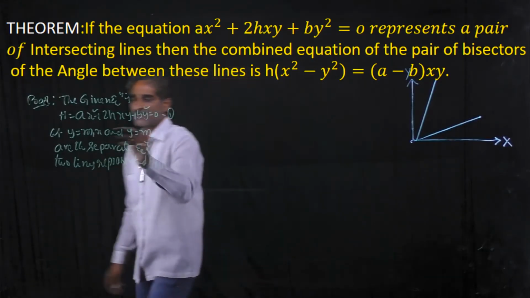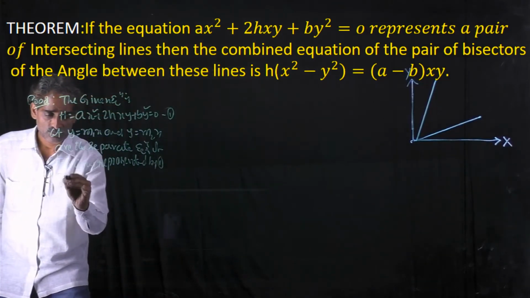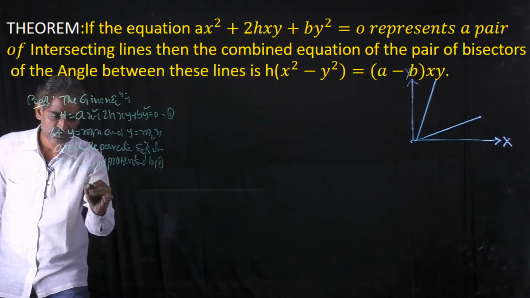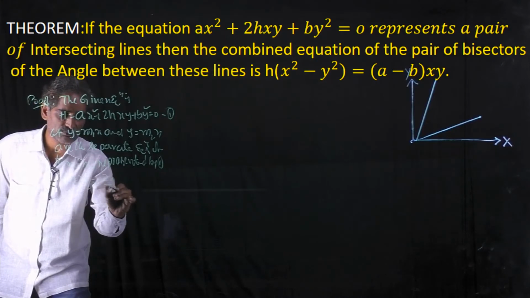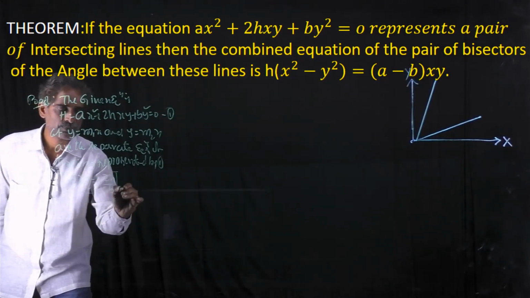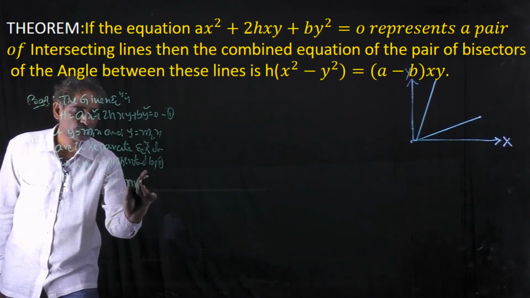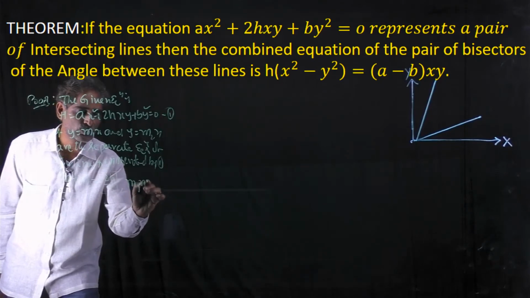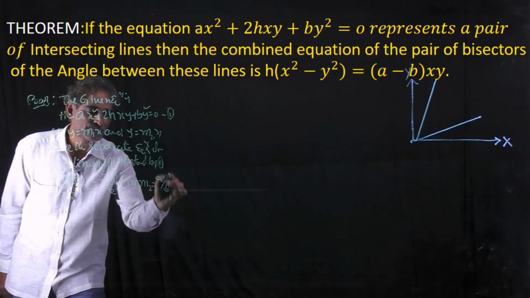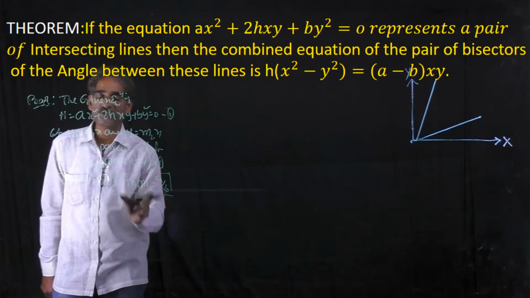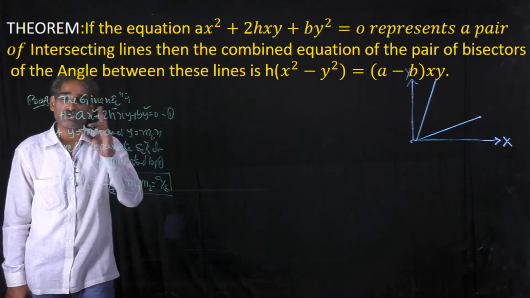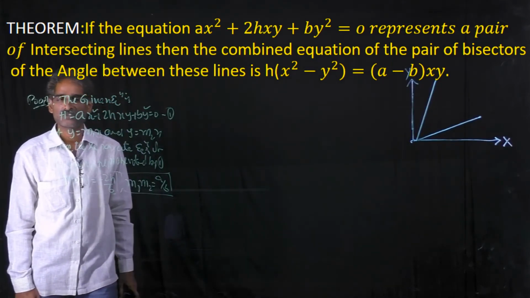So we know that m1 plus m2 is equal to minus 2h by b and m1 m2 is equal to a by b. These are the connections between the slopes and the given equation.